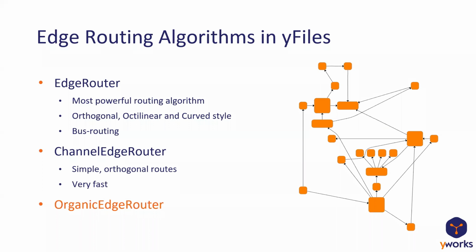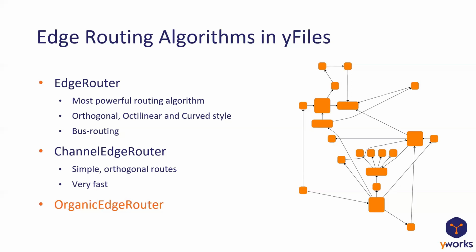Finally, we have the organic edge router, which is totally different. It produces routes that follow an organic, a little bit curved pattern. You see one example here on the slide now. You see that edges are routed around the obstacles, so they are routed around other nodes to avoid an overlap, but the routes are kind of straight with a little bit of curves.